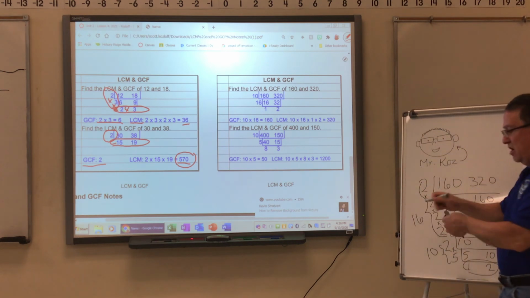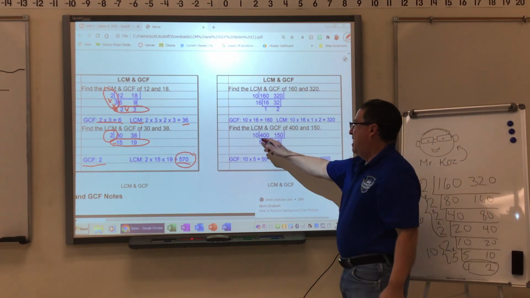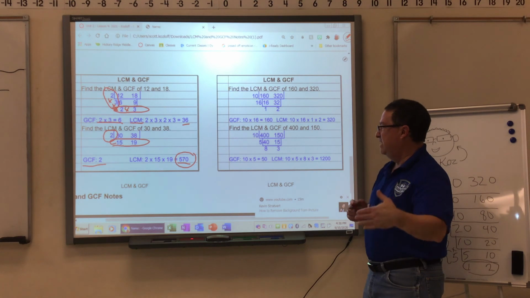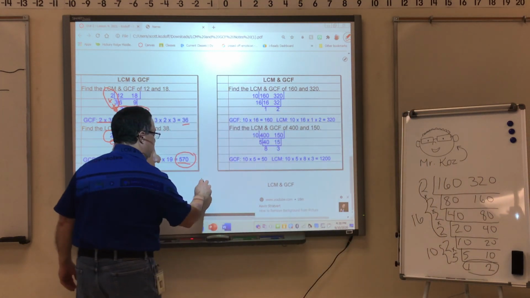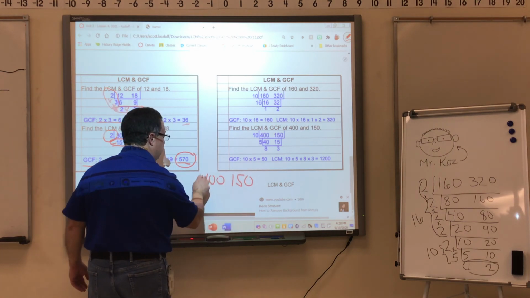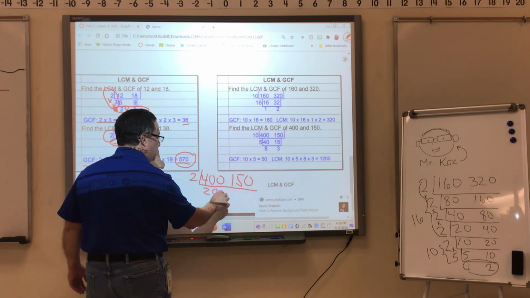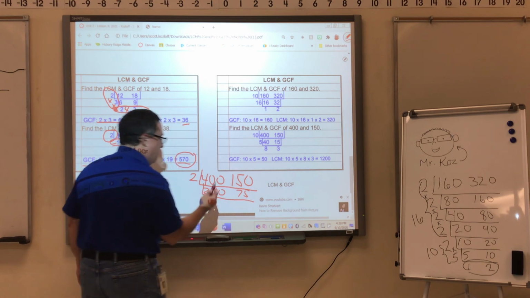That gives you the long version. For the last example, again, I took out a 10 instead of a 2 and then a 5 and then a 5. So I'm going to show you right here. Here's 400, here's 150. First thing you could do is take out a 2, which makes that 275. I would try a 3.